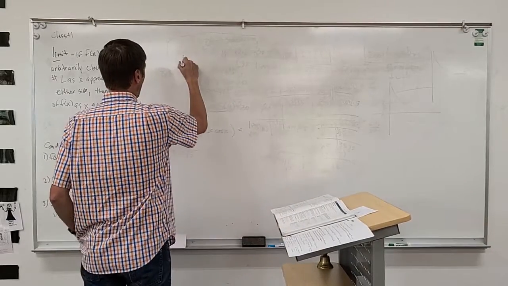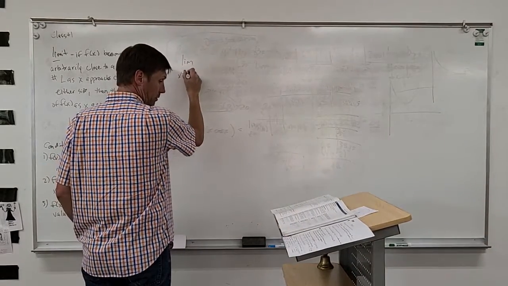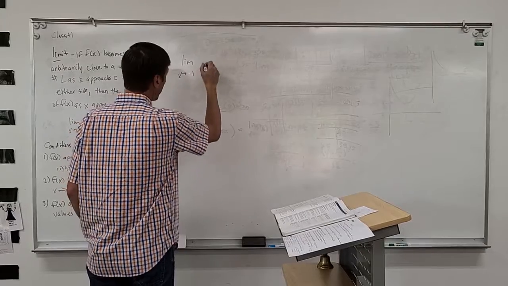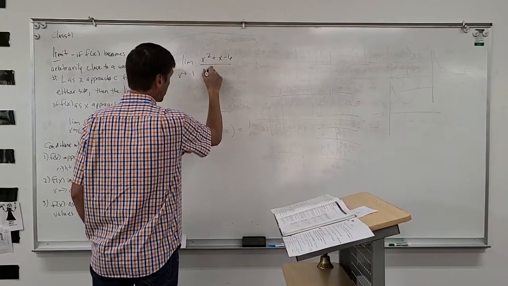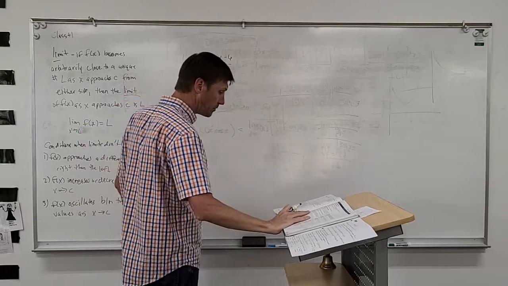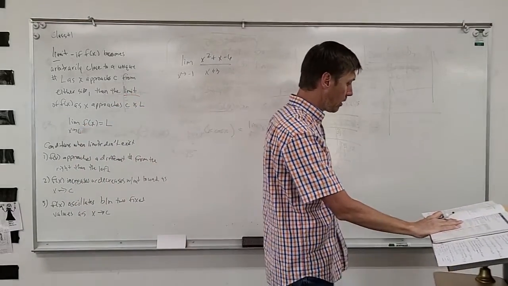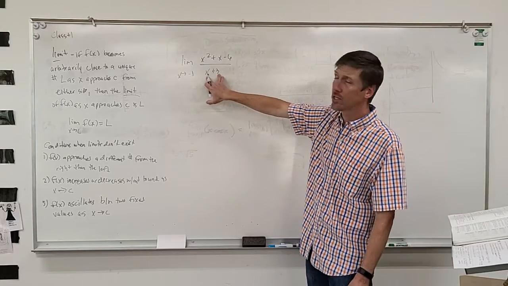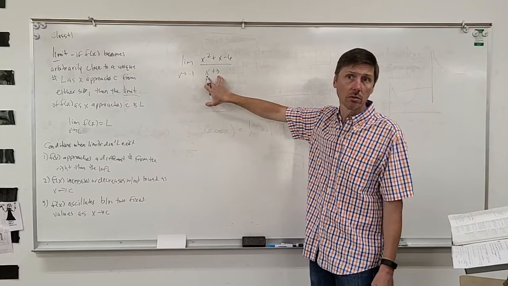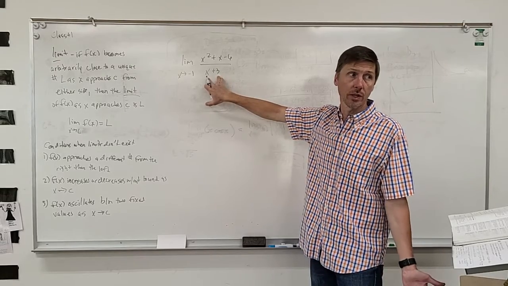But the limit of x approaching -1 of x squared plus x minus 6 over x plus 3. This is the last example. As long as plugging in the value in this bottom part's not going to give me 0, then I can just use direct substitution.